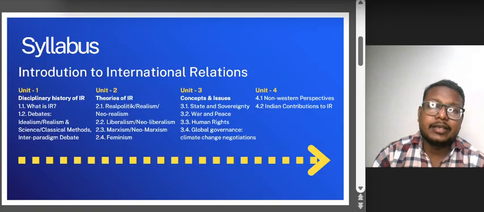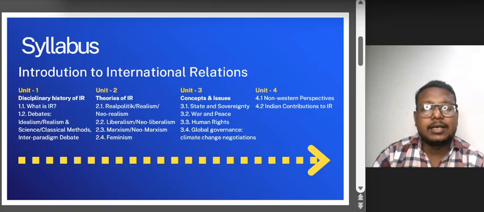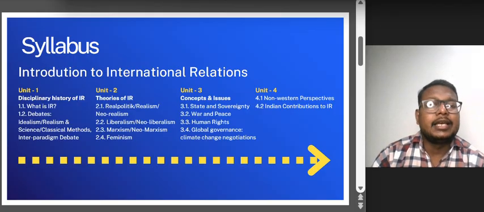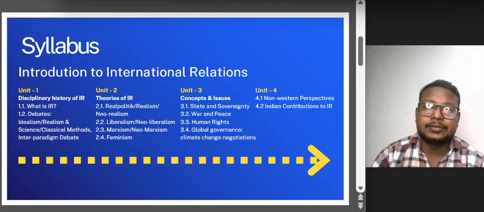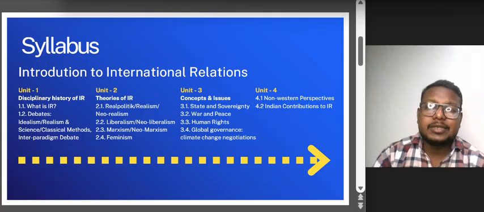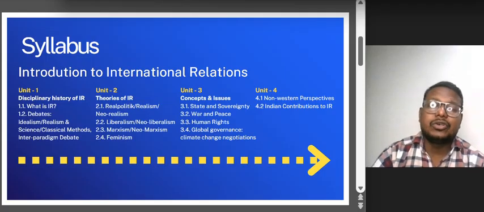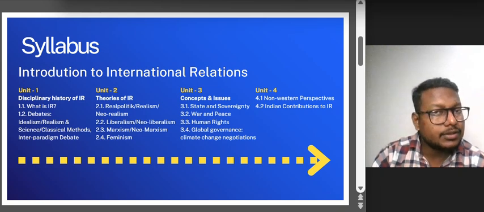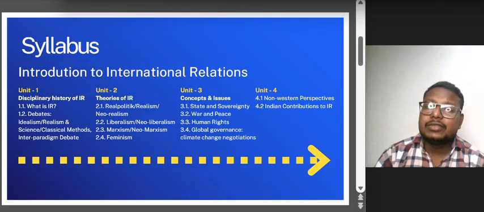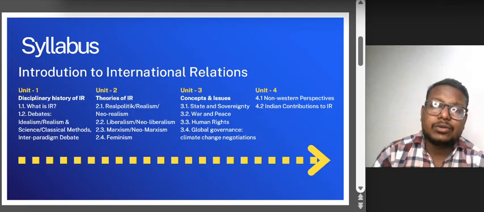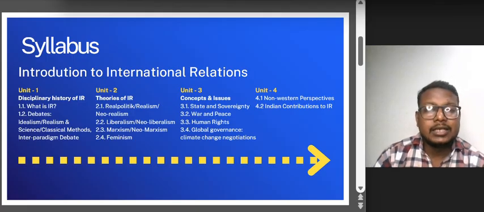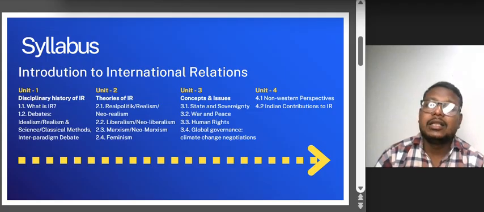Next is Marxism and neo-Marxism, which look at global inequalities and economic exploitation, and finally, feminism, which brings attention to gender, power, and voices often excluded from traditional international relations theories. Each of these theories gives us a different picture of how the world works. Together, they make IR a rich, multi-dimensional field.